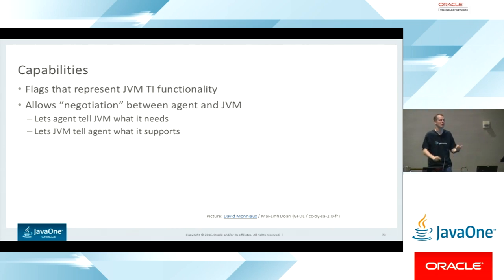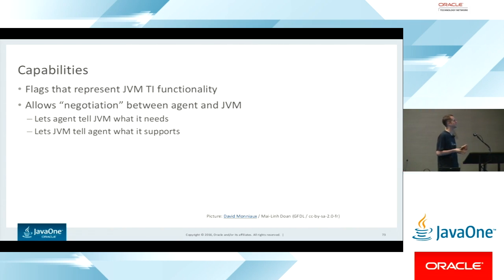Like, do you support capturing exceptions that are thrown, or walking frame stacks and things like that? And the JVM will come back and say, these are the capabilities I support. And depending on what the agent needs to do, it might decide at that point that it can't really be useful on this JVM. This JVM doesn't support the functionality it needs, and so it might just bail.